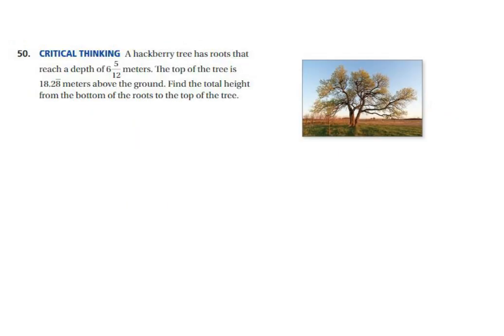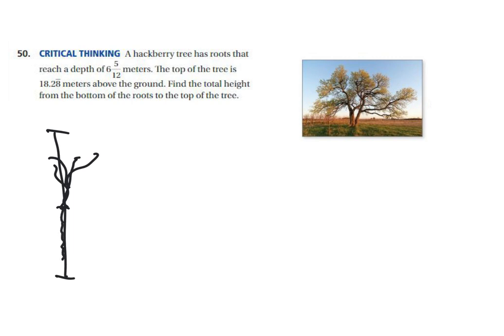And finally, it says a hackberry tree has roots that reach a depth of 6 5/12 meters. The top of the tree is 18.28 meters above the ground. Find the total height from the bottom of the roots to the top of the tree. So if we draw our picture off to the side, here's the tree.